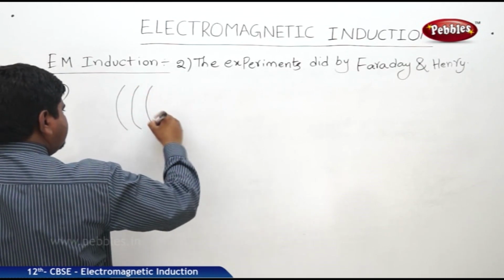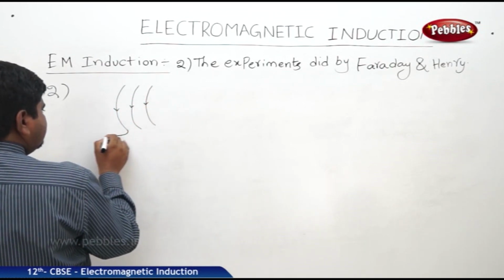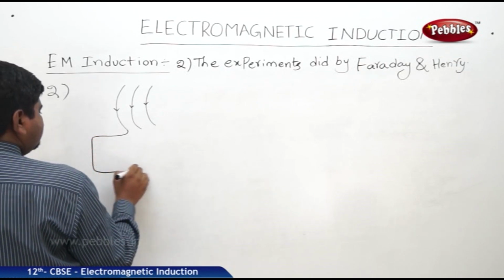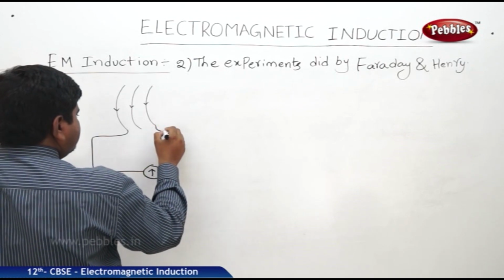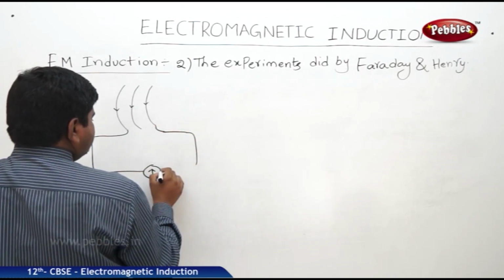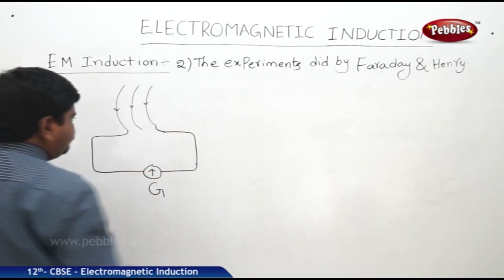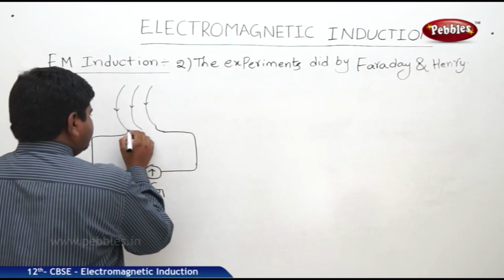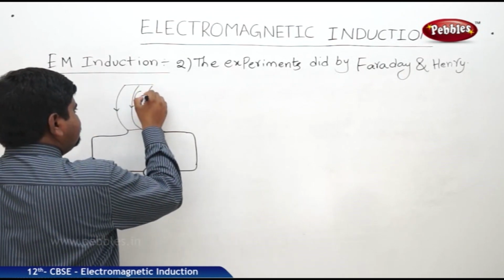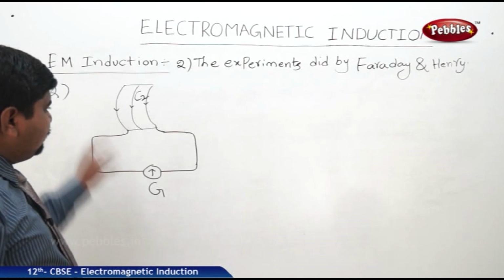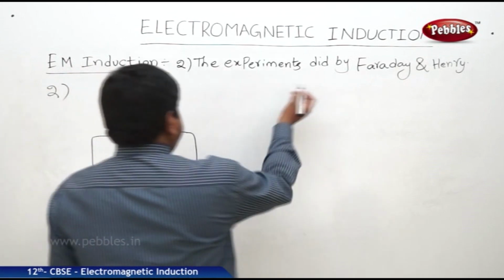This is a coil connected to the galvanometer. This is a coil, let us say coil C2. Now I am taking the same type of coil which has smaller dimensions compared to C2.